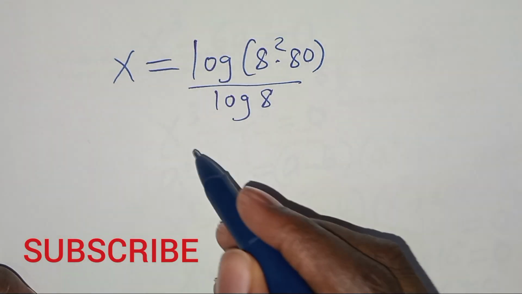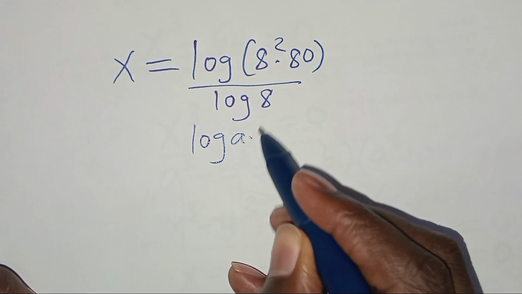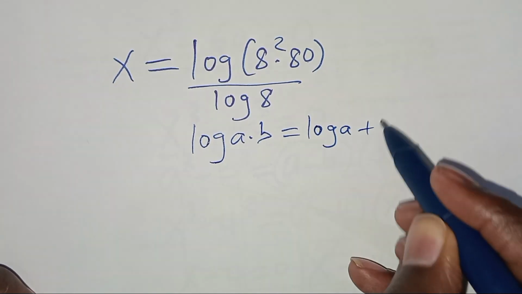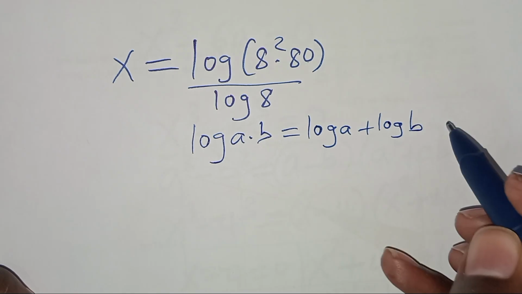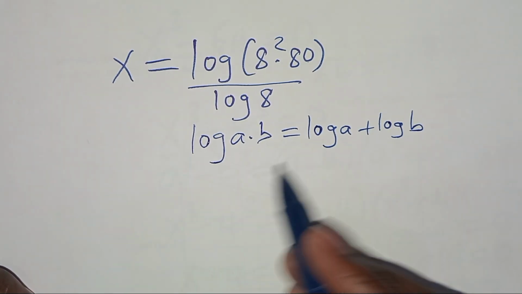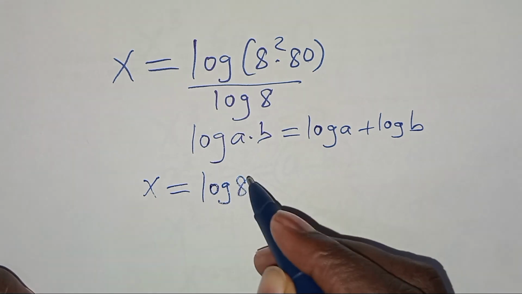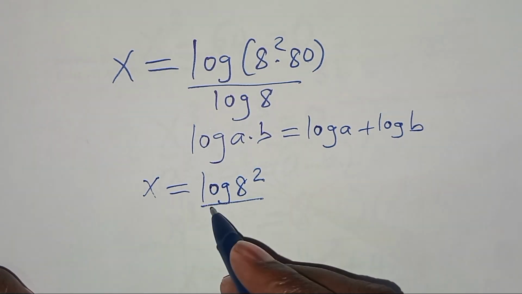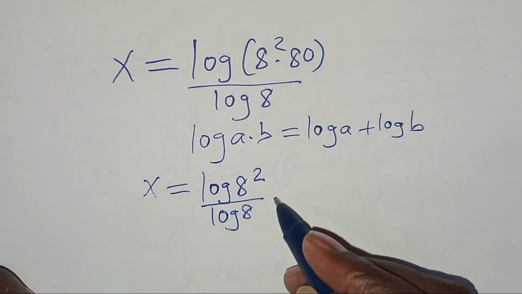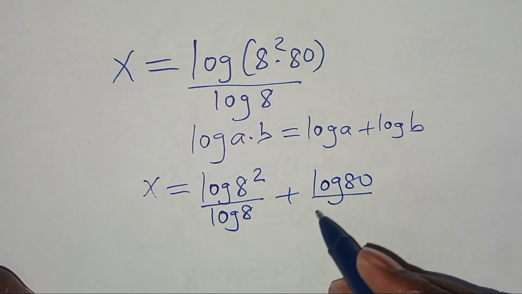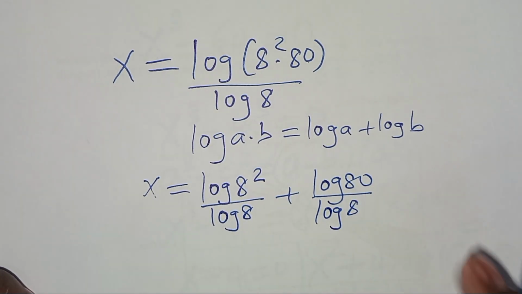This is in the form of log a multiplied by b, which we can express as log a plus log b. Now applying this property, x becomes log 8 to power 2 divided by log 8 plus log 80 divided by log 8.